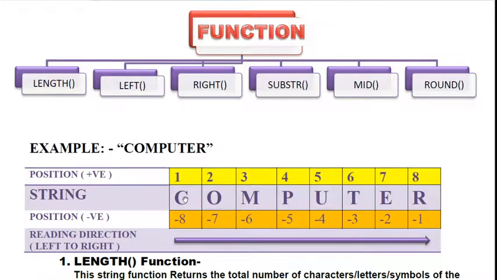The letter C is stored at 1, whereas in negative positioning it is stored at -8. If you are saying that the letter at +7, that is E, and the letter at -3, that is T. And the next important point, it reads rightward, in the right direction.